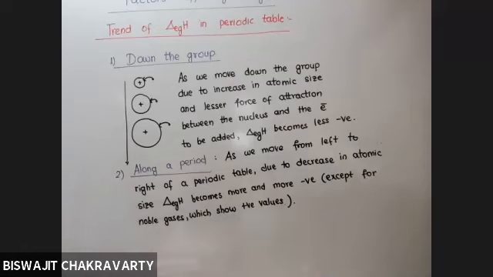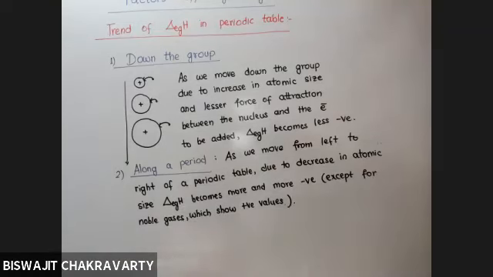Then we talked about ionization energy, which was decreasing down the group, but increasing along a period. Now we are talking about electron gain enthalpy, which becomes less and less negative down the group, but more and more negative along a period, isn't it? Yes, sir. The trend is found to be opposite down the group and along a period.